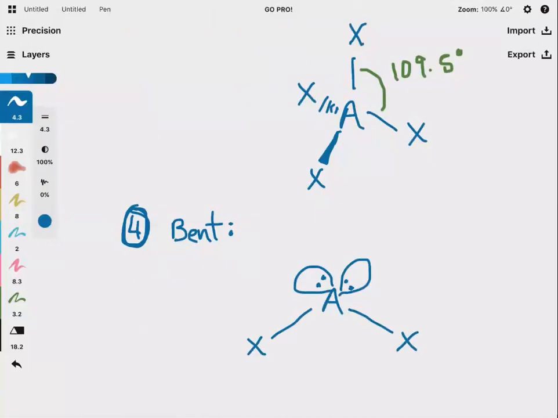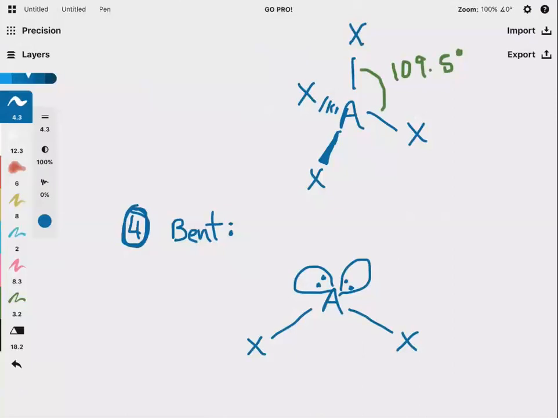Electrons are negatively charged, right? And so when they're sitting there in their orbitals, they're repelling other atoms away from one another. It's like having two magnets that are the same charge. They're not going to be able to stick. They're going to push each other away.